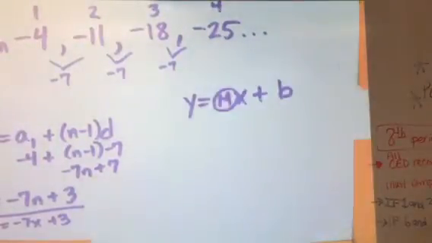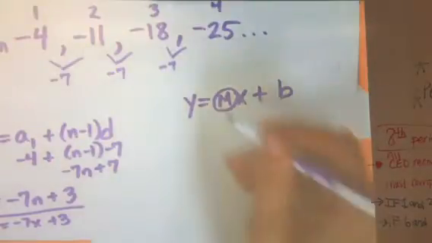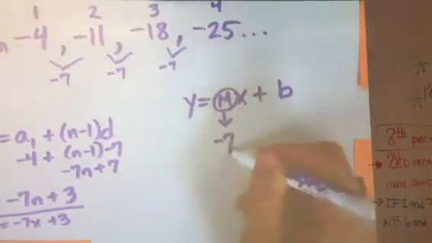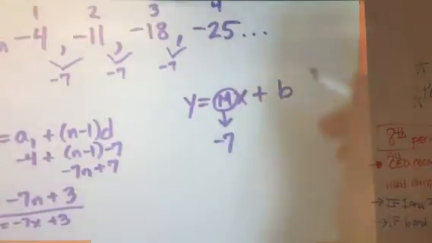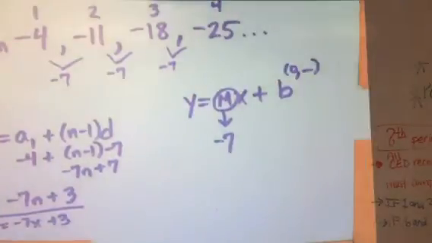M, our slope, our constant rate of change, what are we increasing or decreasing by, is -7. B is our y-intercept, which is a point on the y-axis. Every point on the y-axis has an x value of 0. So we're looking for what is the value when x is 0.